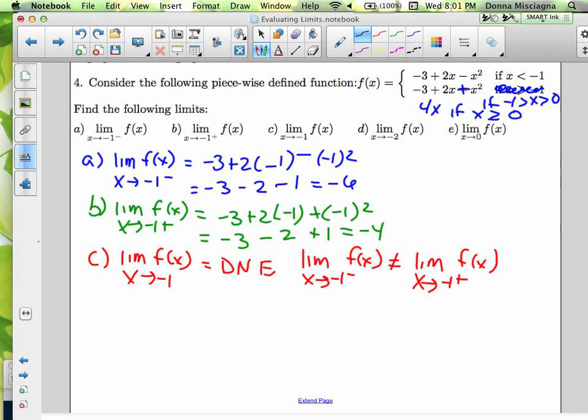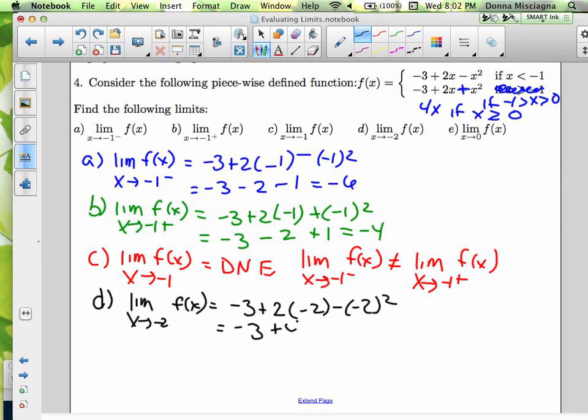All right, so D, the limit as x approaches negative 2 of f of x, you just plug into the less than 1 piece. So negative 3 plus 2 times negative 2, minus negative 2 squared, is negative 3 plus minus 4, and then minus 4, so negative 11.